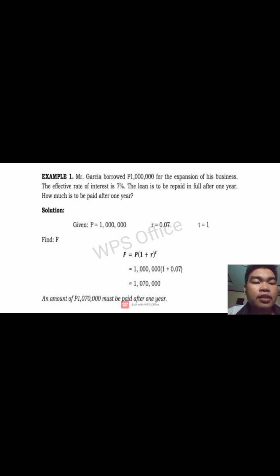And our t, the power of t, is 1. Since it is merely 1, we have no need to place it there because the result will be the same. And so, by solving all of this, the amount that must be paid after 1 year will be 1,070,000 pesos.